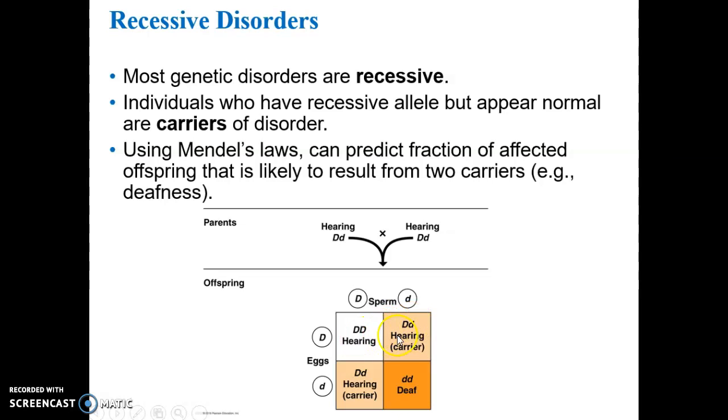There's a 75% chance, right, 25 plus 25 plus 25, that the offspring are going to be normal in terms of hearing, but there's a 50% chance, 25 plus 25 here, that the offspring will be carriers of the disorder. So using Mendel's laws and a Punnett square, you can predict the fraction or the percentage of the affected offspring, but also the genotype of the offspring as well.